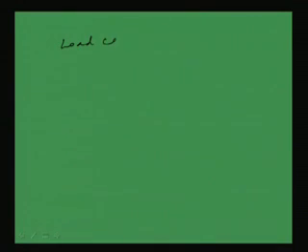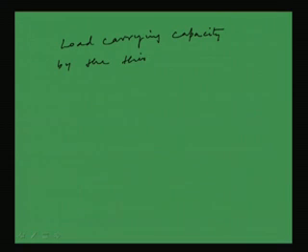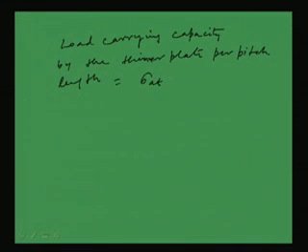The load carrying capacity by the thinner plate per pitch length will be sigma_at into P into T. As given in the question, the permissible axial tension in the plate is 150 MPa.